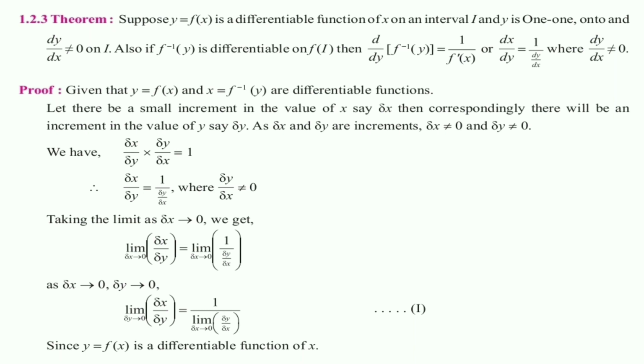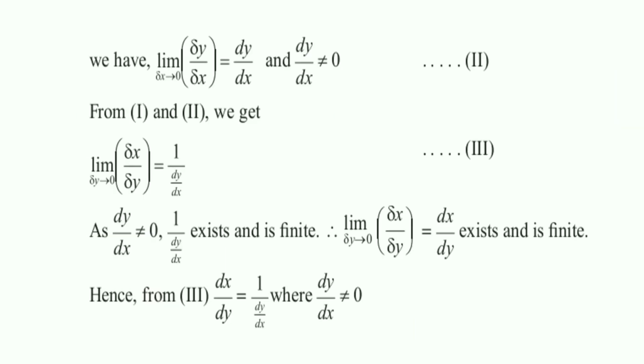This is equation 1. Since y equal to f of x is a differentiable function of x, we have limit delta x tends to 0 of delta y upon delta x equal to dy upon dx and dy upon dx not equal to 0. This is equation 2.